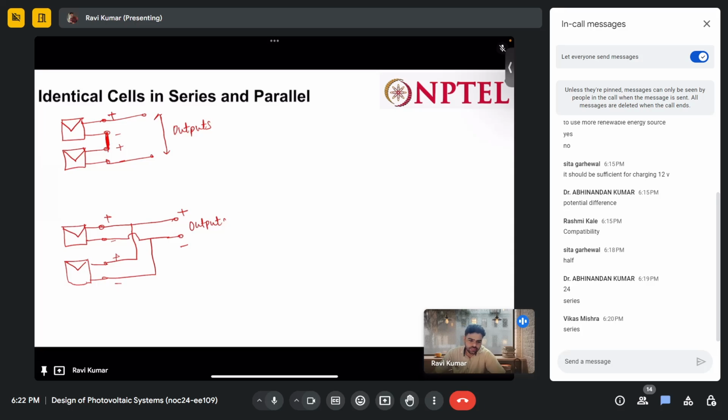Now the question comes. We have seen the IV characteristics of a single solar cell. This is the series, this is the parallel. So the combined IV characteristics of solar cells connected in series and parallel, how will they look?